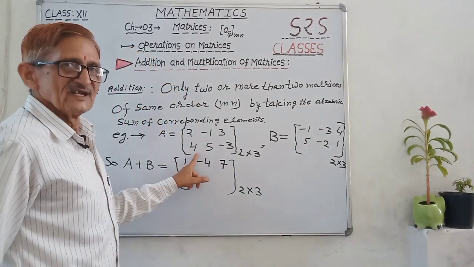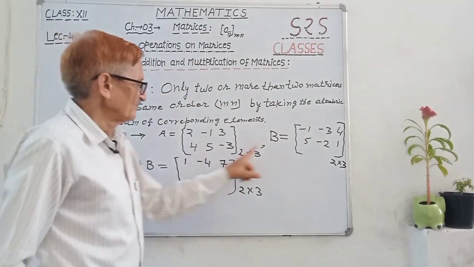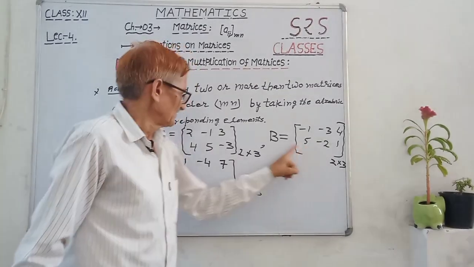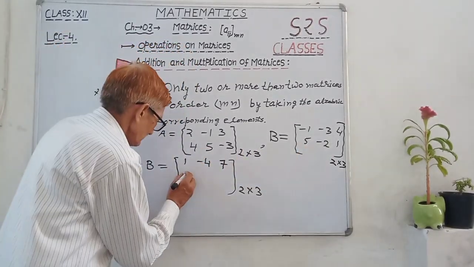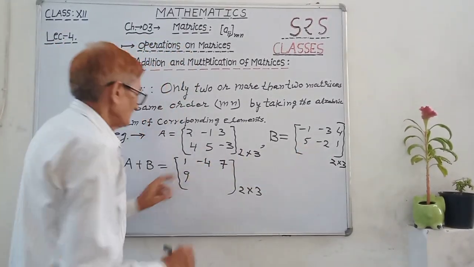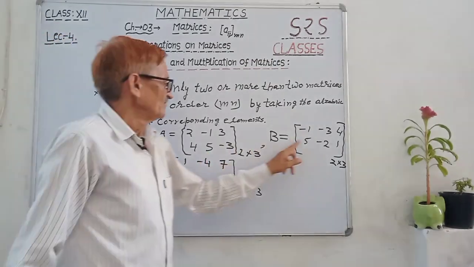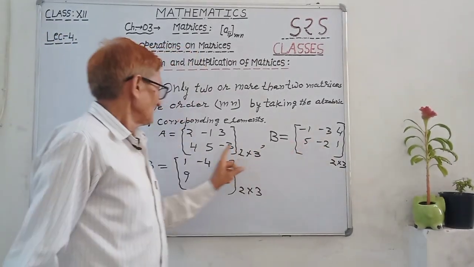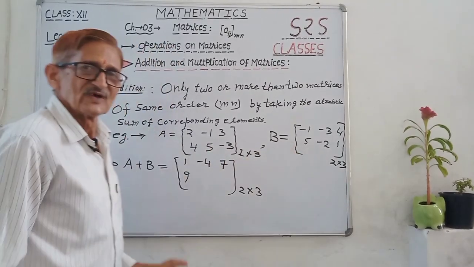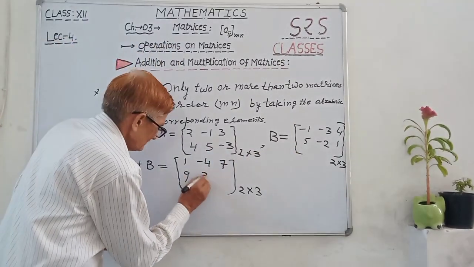After that A21 4, B21 5, 4 plus 5, 9. After that A22 B22, 5 and minus 2 algebraic sum 3.